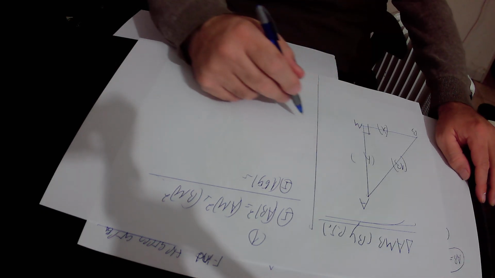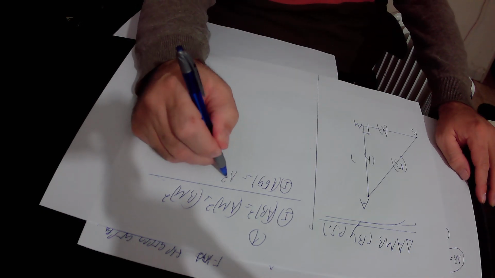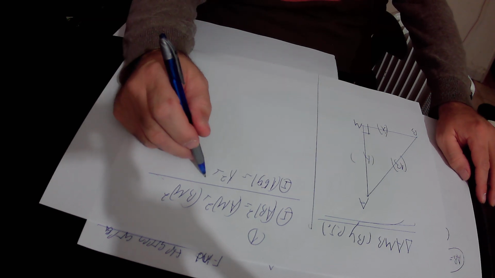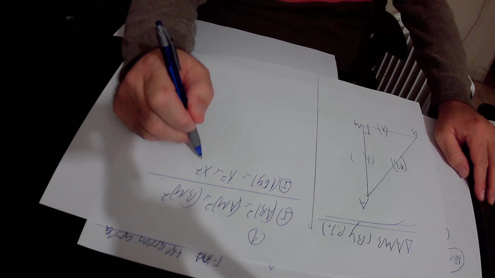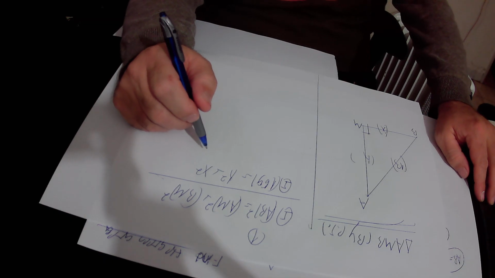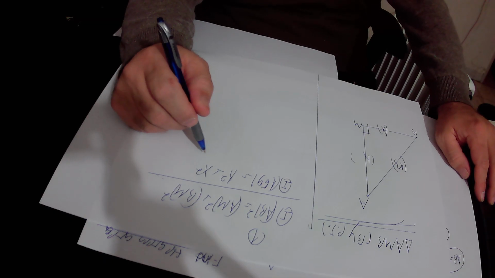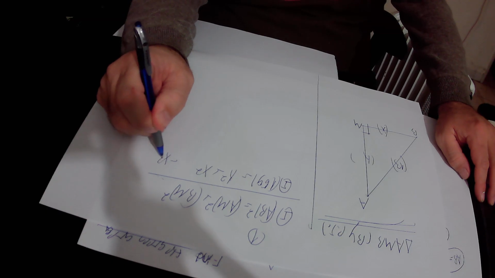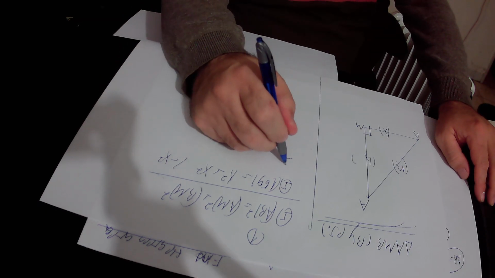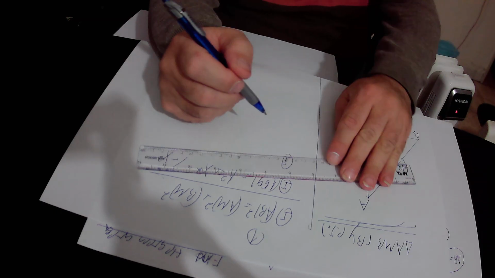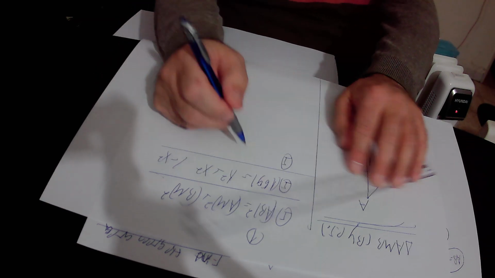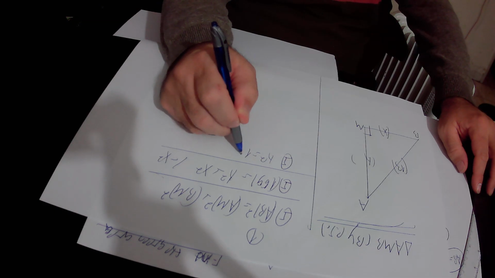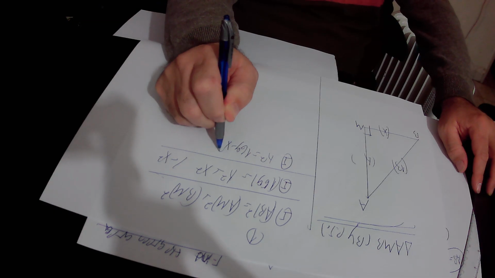AM is H, therefore AM squared is H squared, plus BM squared. BM is X, therefore BM squared is X squared. So in total we found out that according to equation number 1, 169 equals H squared plus X squared. Here we subtract X squared from this equation number 1, and we get that according to equation number 1, H squared equals 169 minus X squared.